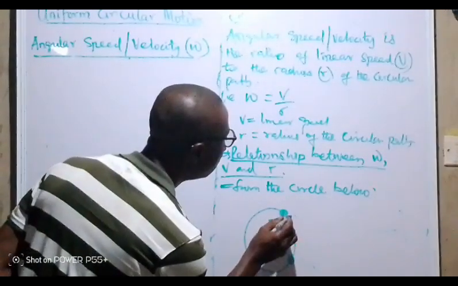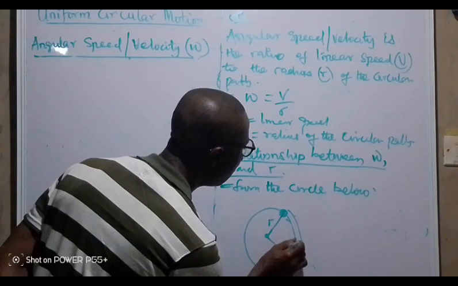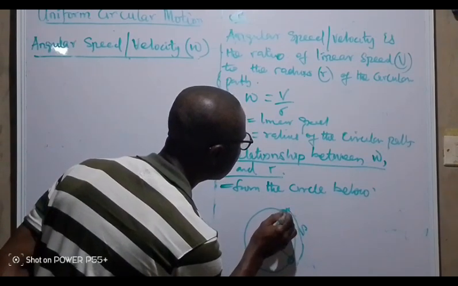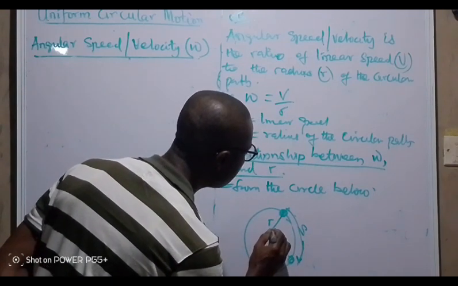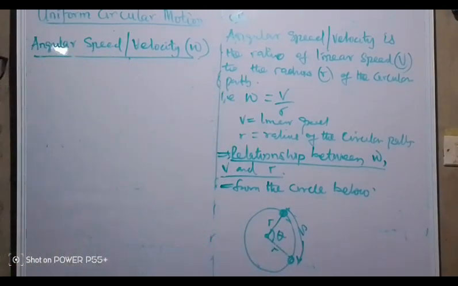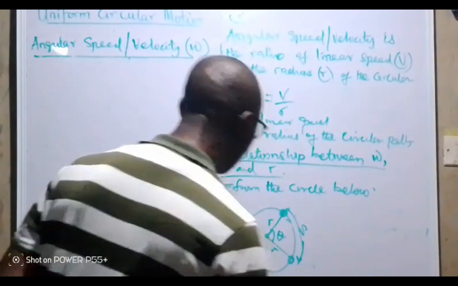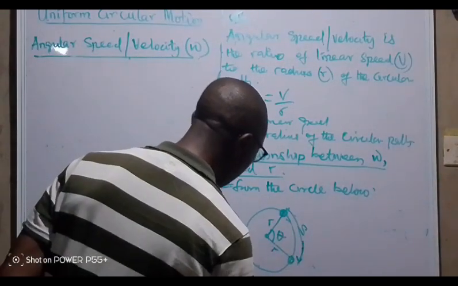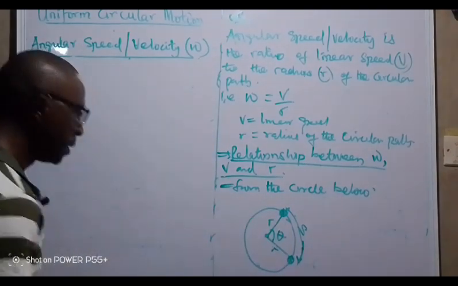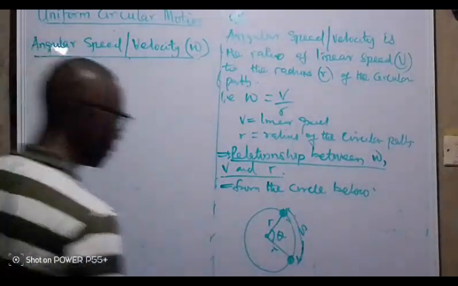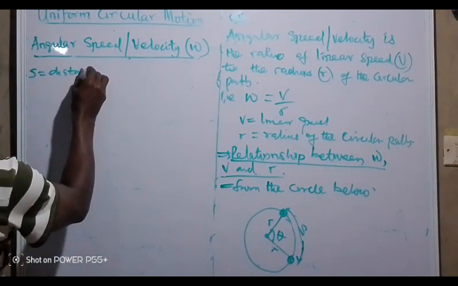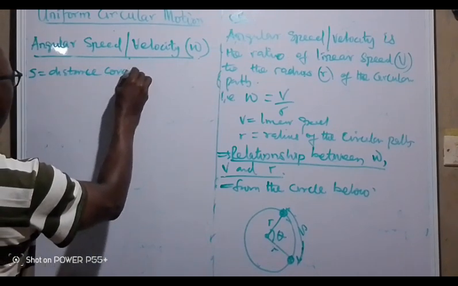Now, the distance covered from here to here, let's call it x. This is the angle turned through, while this one is the radius. From what I've done on the board, the object starts from this point and stops at this point. It covers a distance x. Now say x is the distance covered.